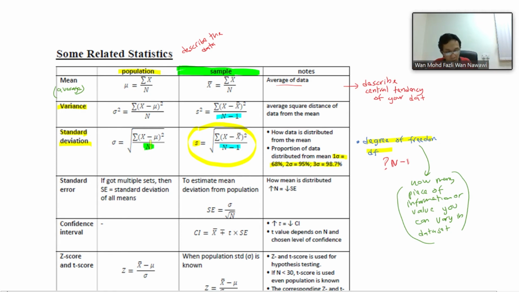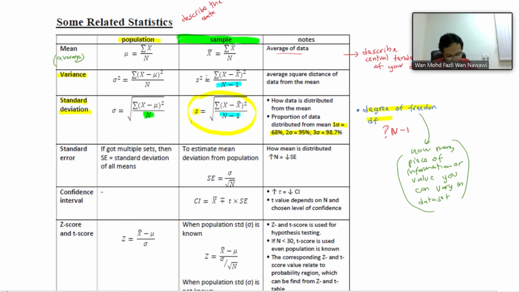So the n for the population, sometimes you don't know. So when you sample some of the population and divide by n minus 1, the standard deviation or variance you get will be closer to the true population size.